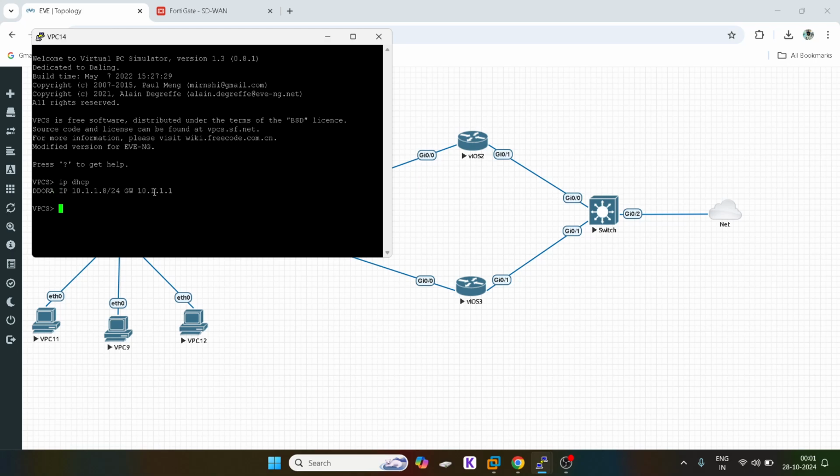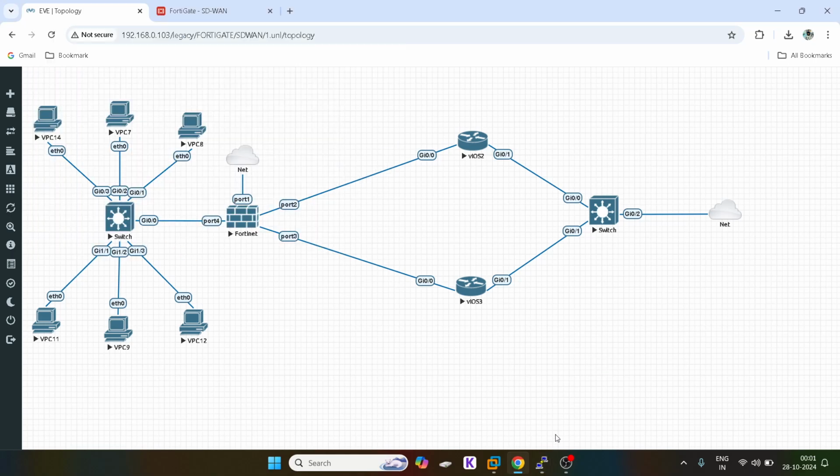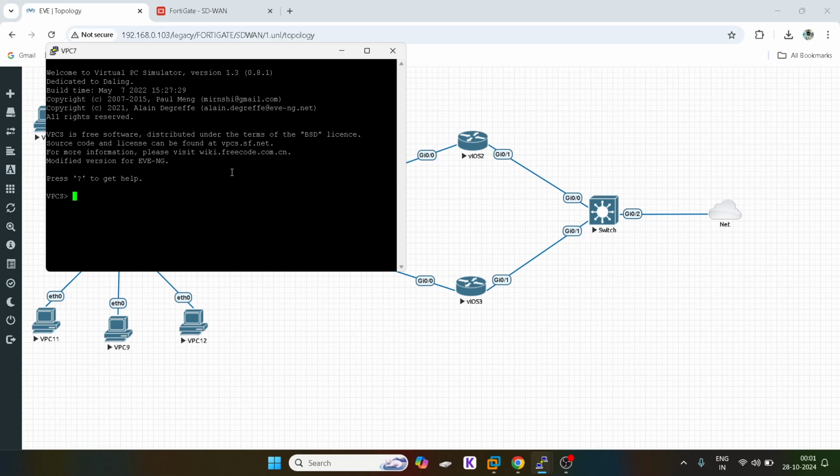What I will do is try this in the global DNS. Similarly, over here as well.